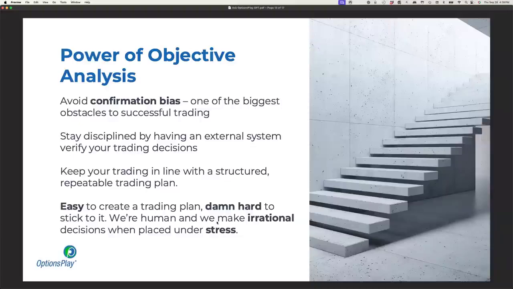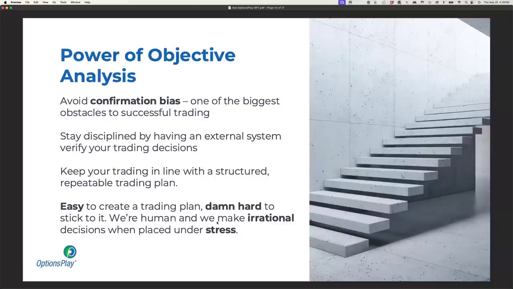differentiates successful traders from everyone else is not what indicators they use, and not what trading strategy they use. It's their ability to stick to their trading plan and deal with their emotions as they're put under stress by the market, whether that's market volatility or losses in their portfolio.